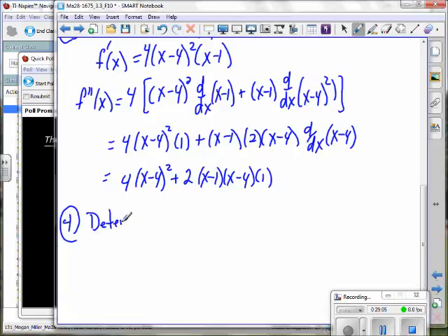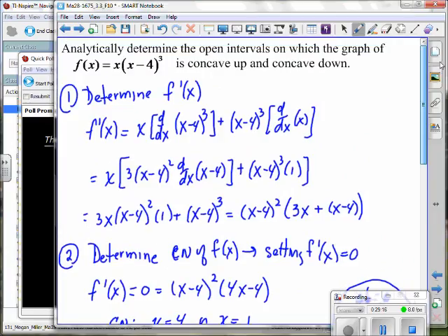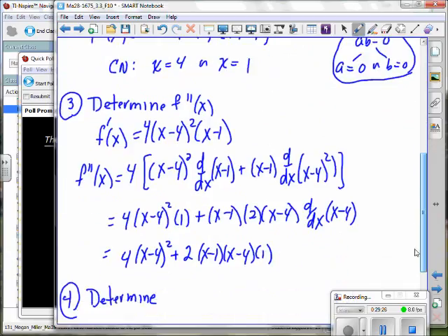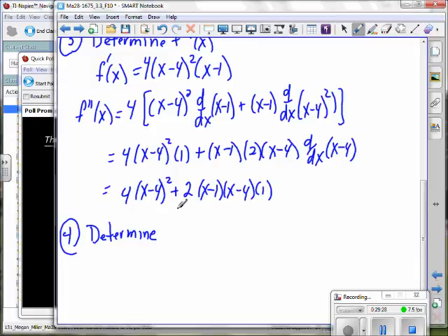Determine what? Let's go back. We're trying to find what part? What are we trying to do? Okay, where's concave up, where's concave down? And change of concavity is where the second derivative is 0.